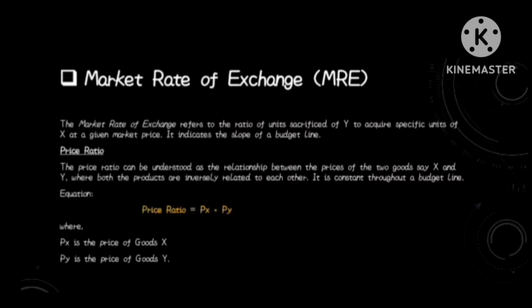The price ratio can be understood as the relationship between the prices of these two goods, say X and Y, where both products are inversely related to each other. It is constant throughout a budget line. Price ratio is Px divided by Py, the price of good X and the price of good Y.